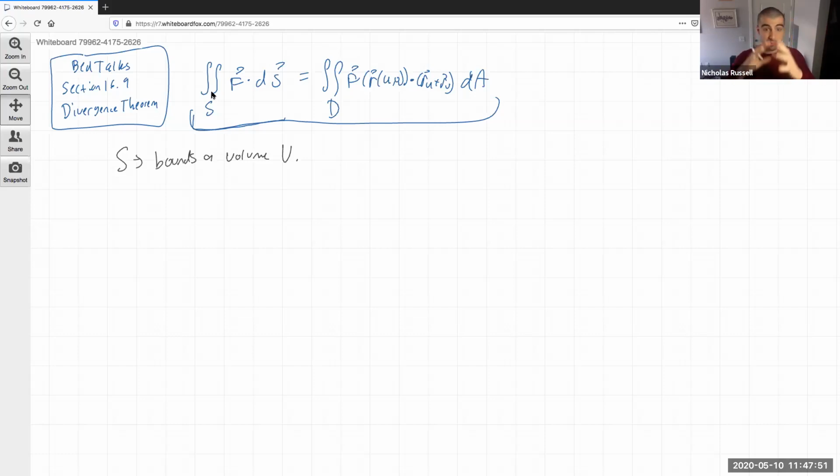But now I'm thinking about this as a closed surface. So if I'm thinking about this as a closed surface, one thing I now need to think about is how I can utilize it to my advantage.